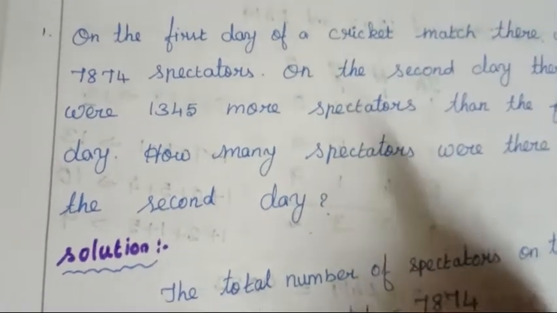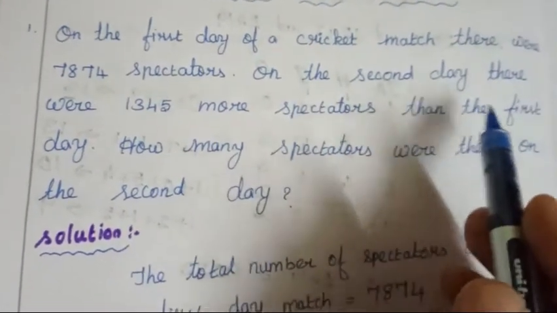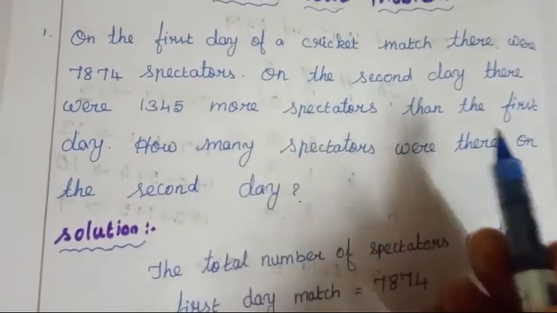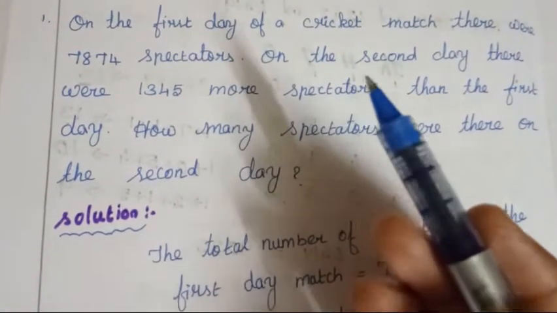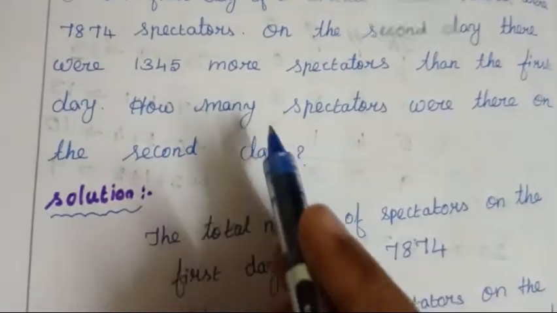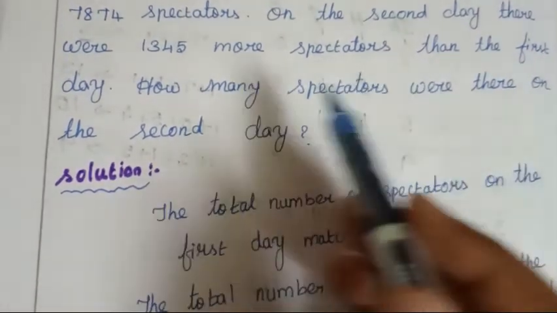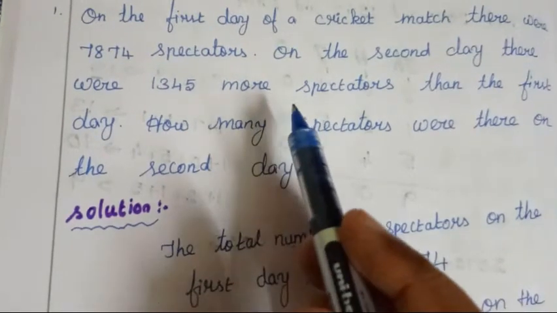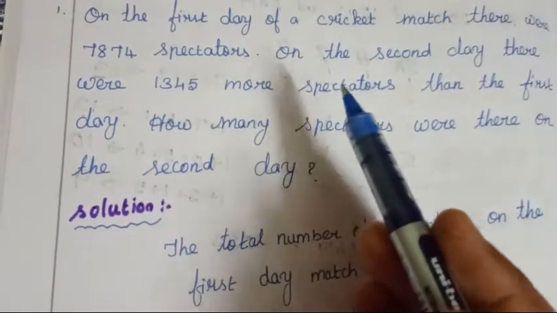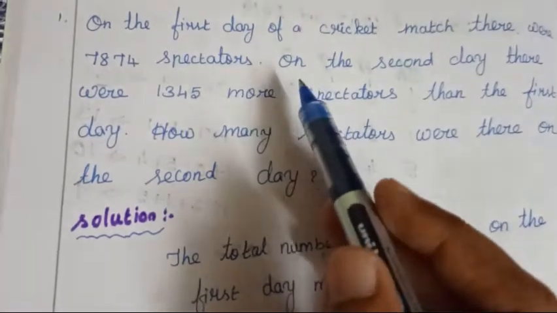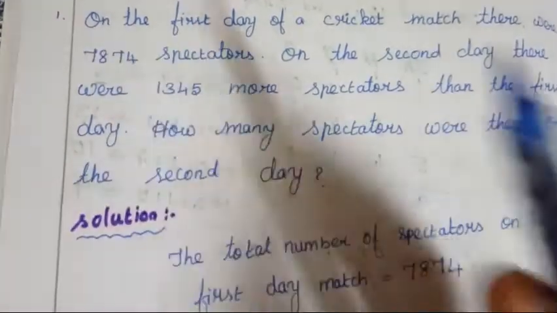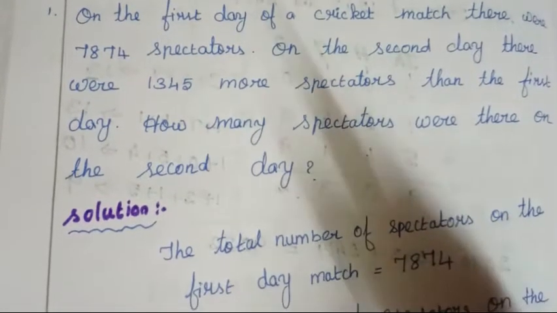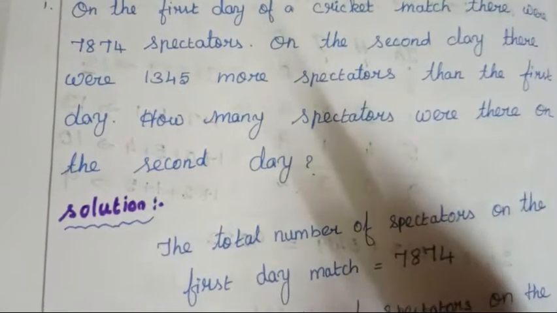And the second hint is: on the second day, there were 1,345 more spectators than the first day. Now the addition fact is: how many spectators were there on the second day. If you want to find how many spectators on the second day, you have to add these two numbers. Then you can find the number of spectators on the second day match.